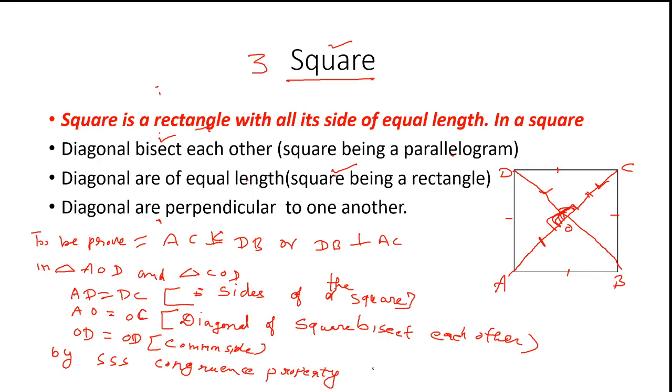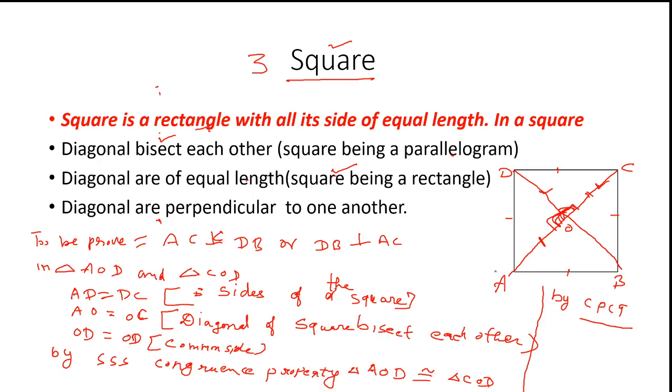By SSS congruence property we can say that triangle AOD is congruent to triangle COD, and by CPCT, corresponding parts of congruent triangles.